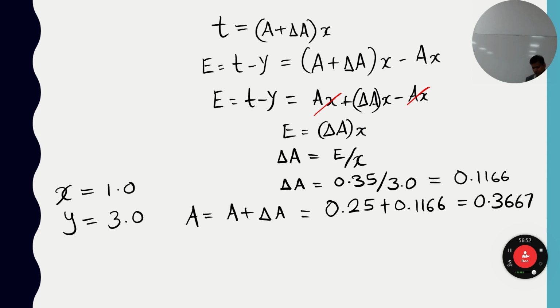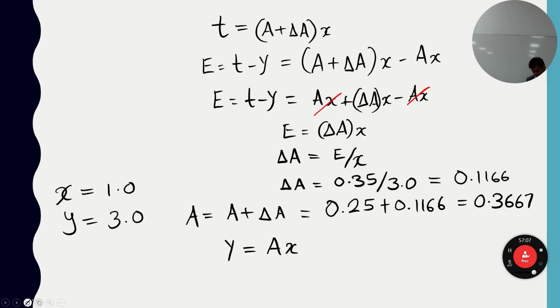So with that you're going to see the X value should be the new value as well. So let's say Y equals AX, the same formula, but here we are going to use the X value as 1.0 and A value as 0.3667.